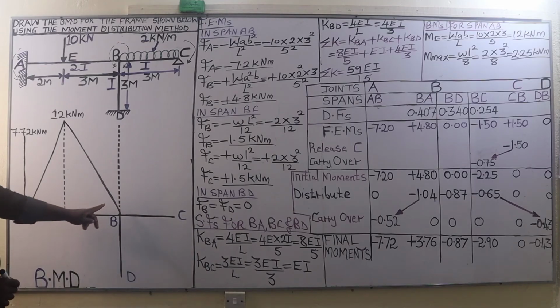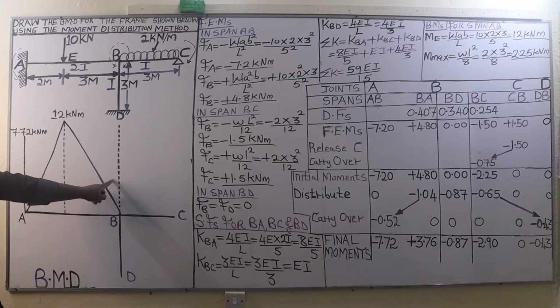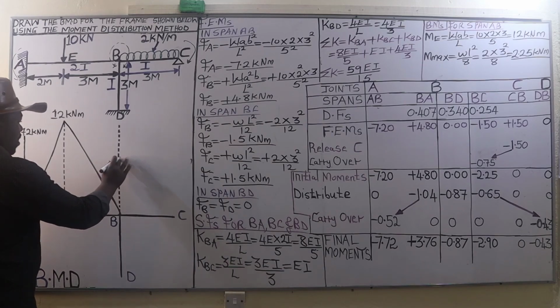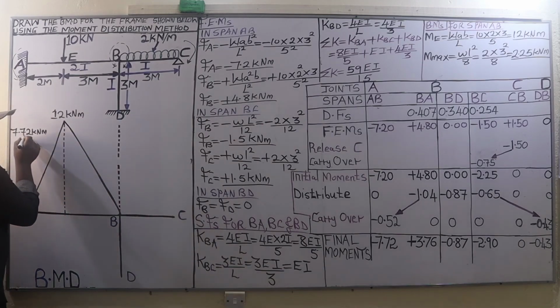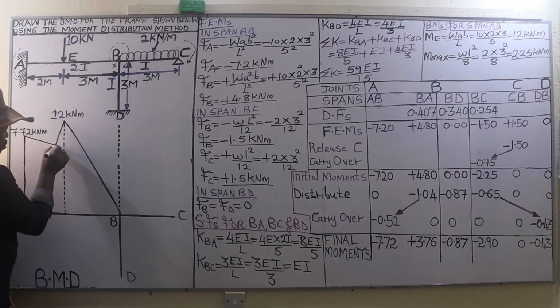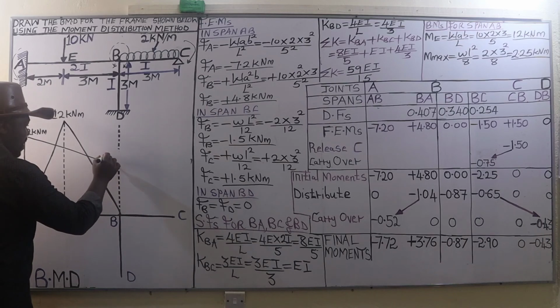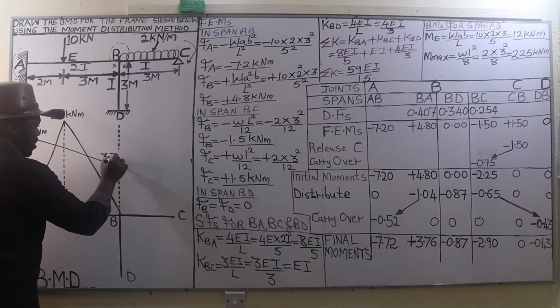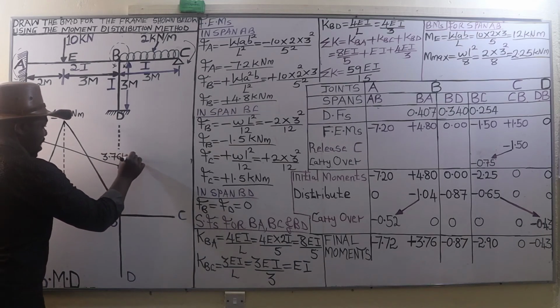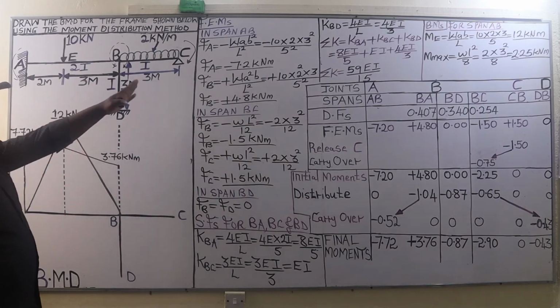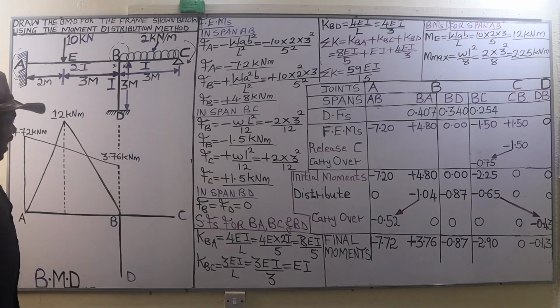Then at B, that is for member BA, we have 3.76, and we have it here. So we join 7.72 to 3.76 kilonewton meters.